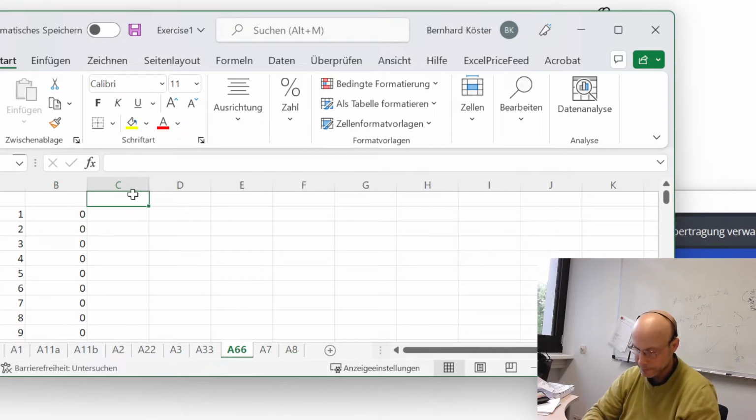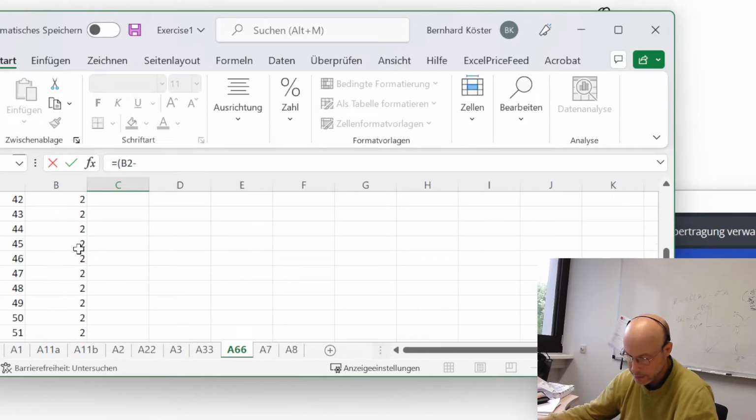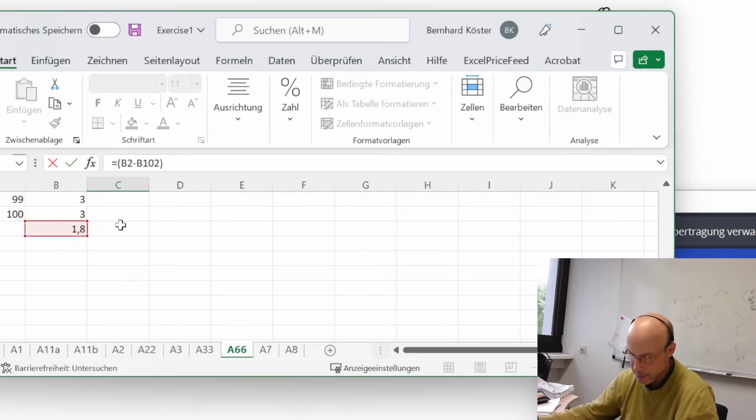Then we need here xi minus x bar squared. So what we need is open brackets 0 minus x bar 1.8, and remember we have to fix this with dollar signs and we have to square this.